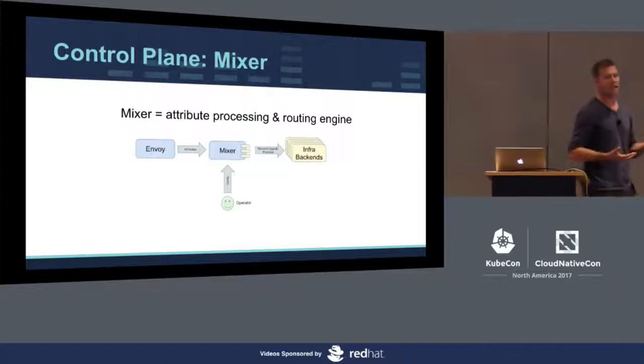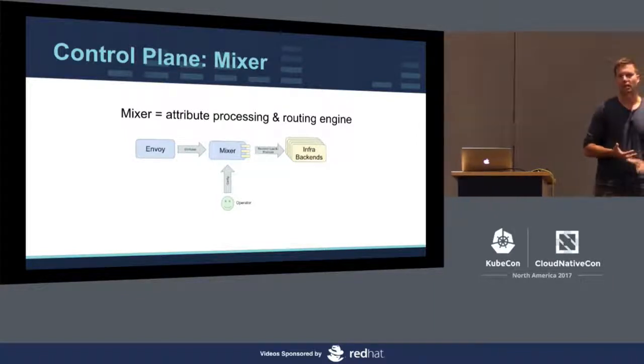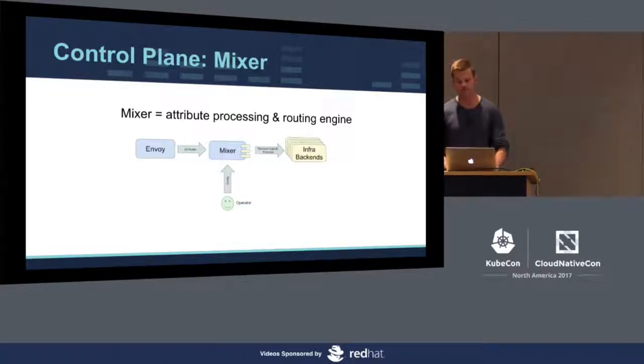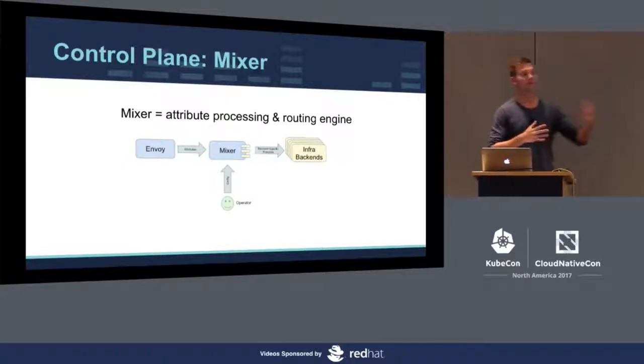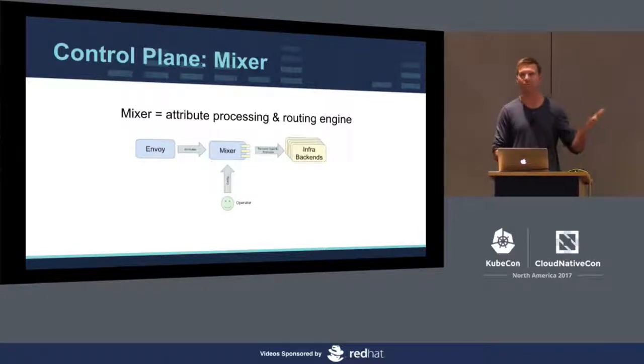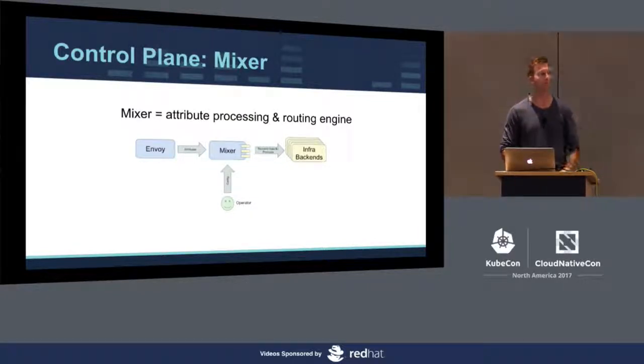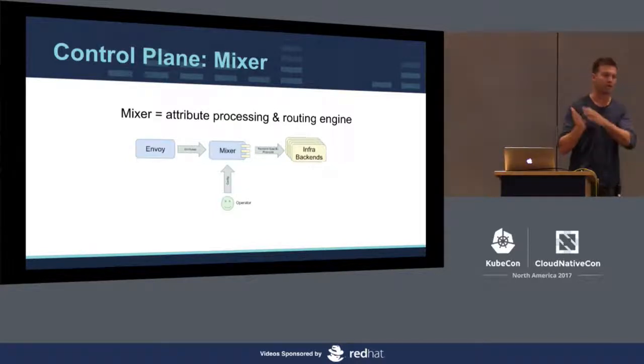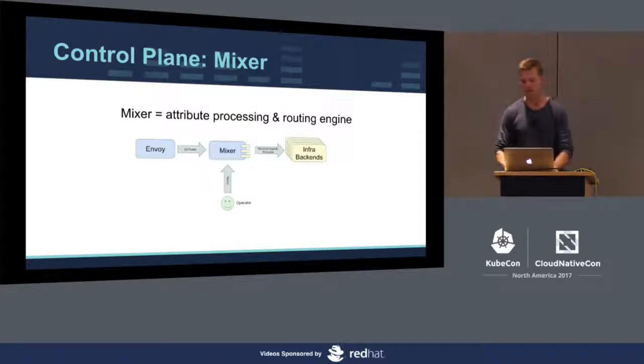So pluggable backends could be for logging, for telemetry, authentication, and so on, right? And Mixer is responsible for taking those attributes from your attribute producers, again, those producers being your Envoy proxies, and then routing them accordingly to the appropriate backend component, making its decision, if it's a policy decision, providing it back to Mixer, which then funnels it back down to your Envoy.